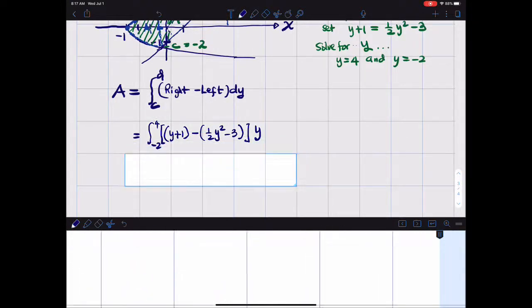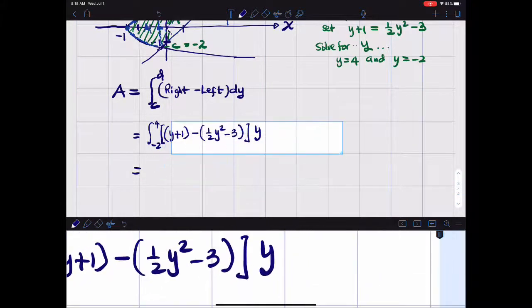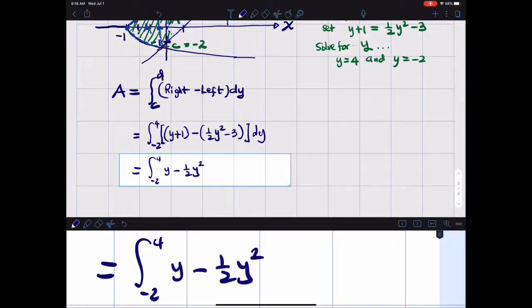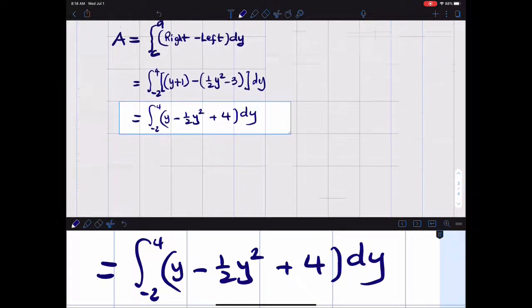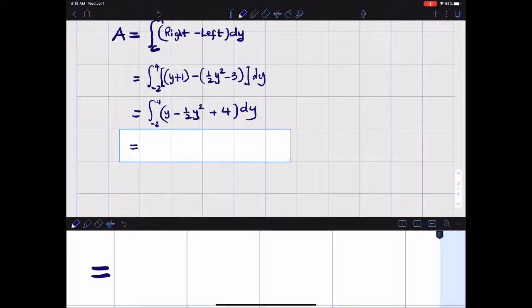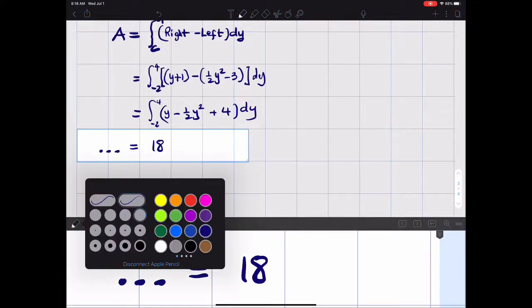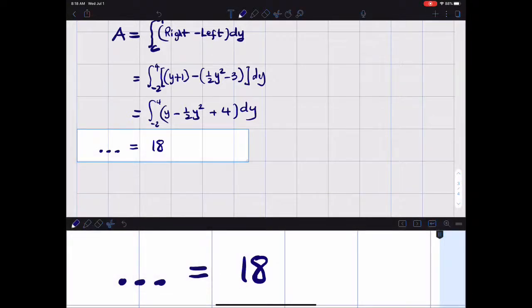If you do this carefully, it involves being patient and expanding everything. You get y minus 1/2 y squared plus 4, I think, dy. If you do this integration and manipulate it really well, I got 18. So I want you to check the answer. 18. Okay.